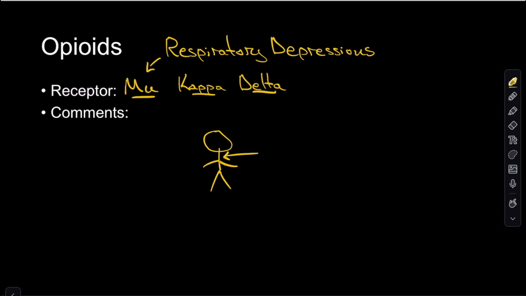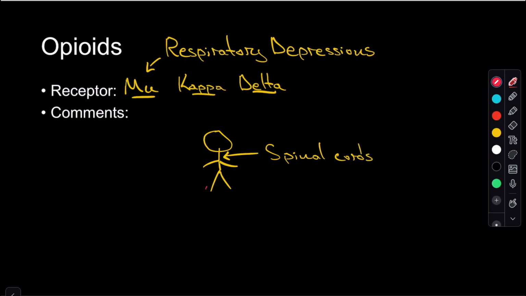So they affect the mu receptors that are in the spinal cord, and this attenuates the pain response. So if there's a pain response from the leg that goes up, because it attenuates the pain response in the spinal cord, it reduces the amount of pain that is then sent up into the brain. And then it also functions within the brain and reduces the perception of pain that the brain feels itself.